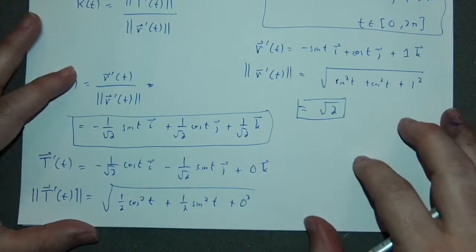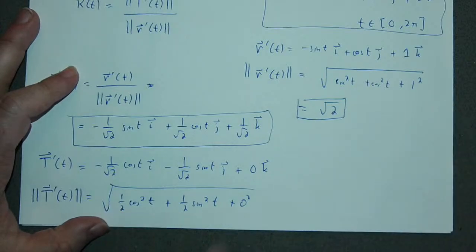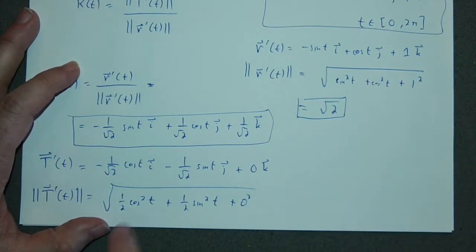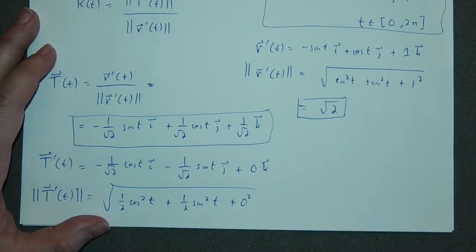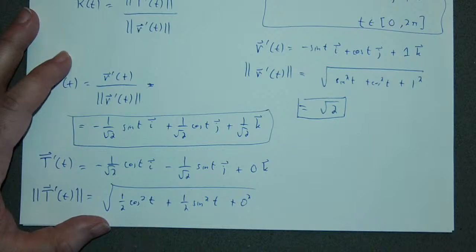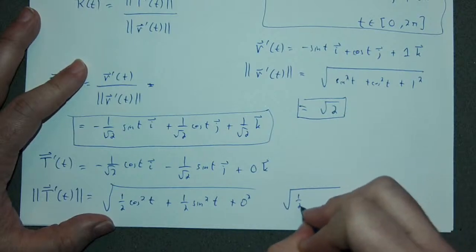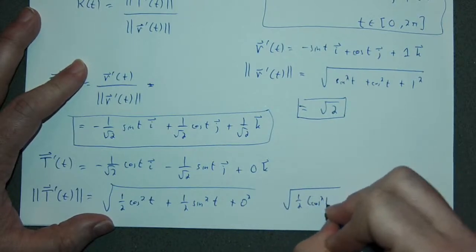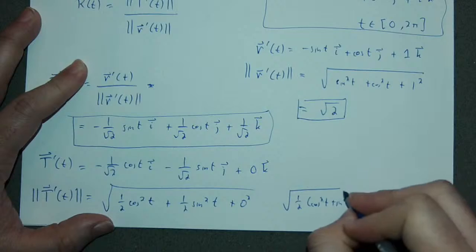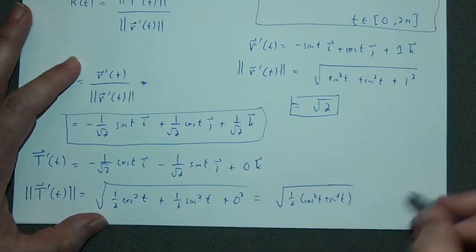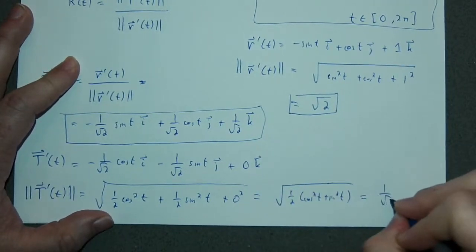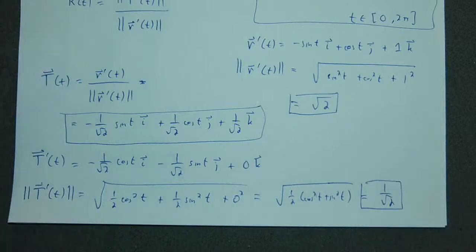And so, what is the length here? So this is the square root of 1/2 times cosine squared t plus sine squared t. Remember, this is 1, so this is just 1 over root 2.